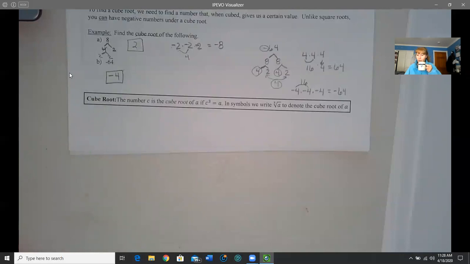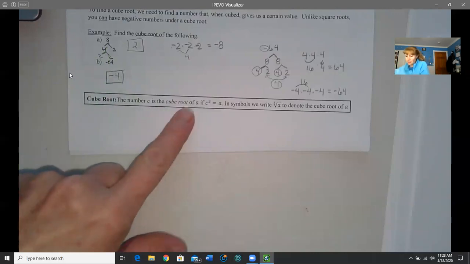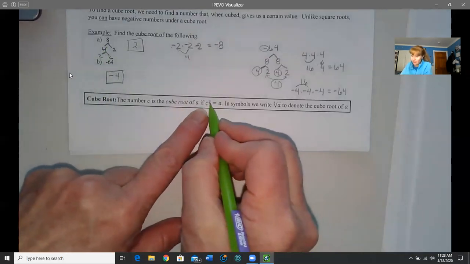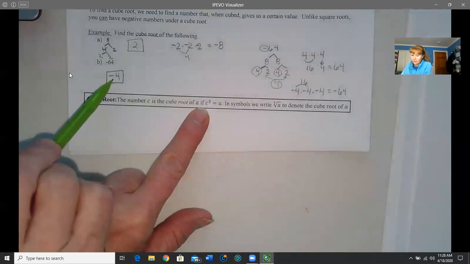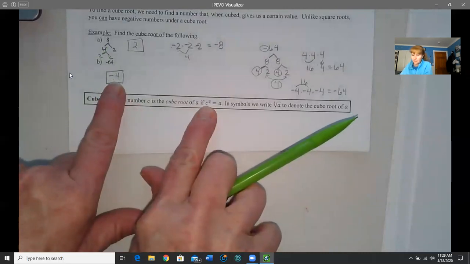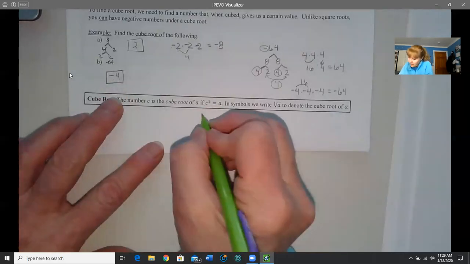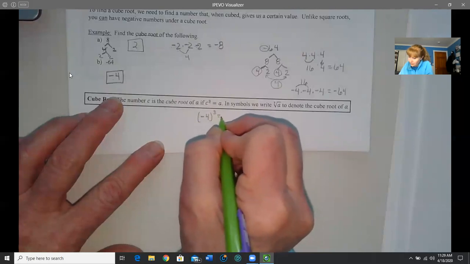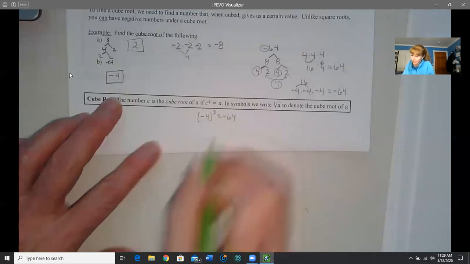Okay, and again, this is kind of the same type of idea. The number C is the cube root of A if C cubed, in other words, if that number cubed, gives you A. -4 times -4 times -4 gives you -64, so -4 cubed gives you -64.